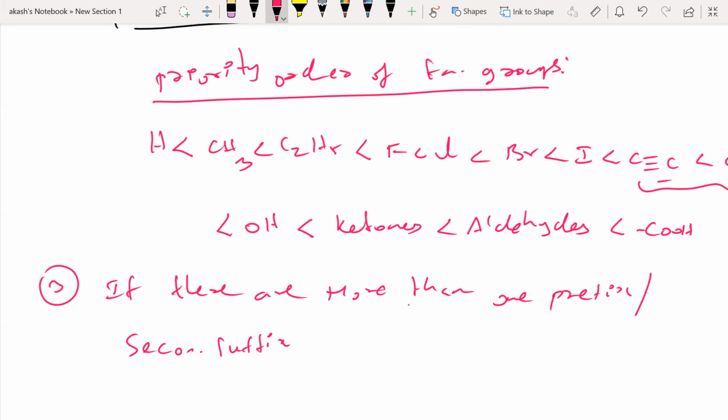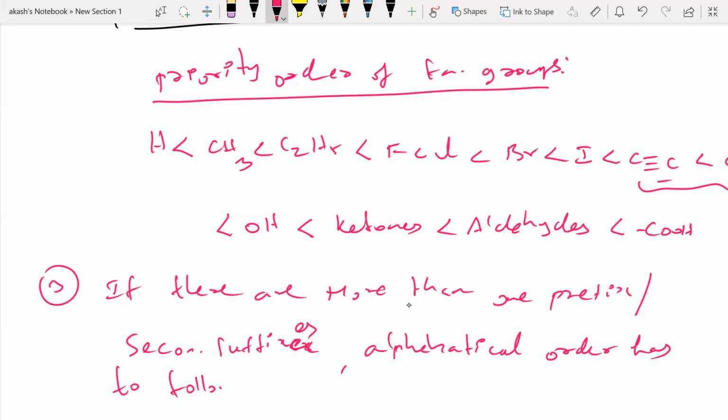Suffix can be of two types. Coming to that point, don't worry about it for now. If there are more than one prefix or secondary suffix, alphabetical order has to be followed while writing their names.